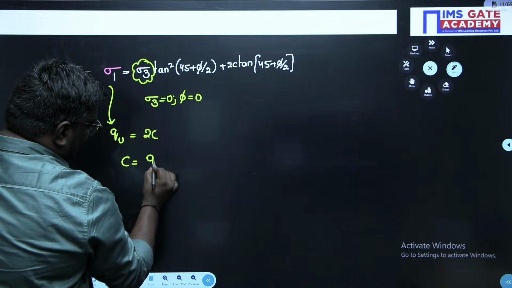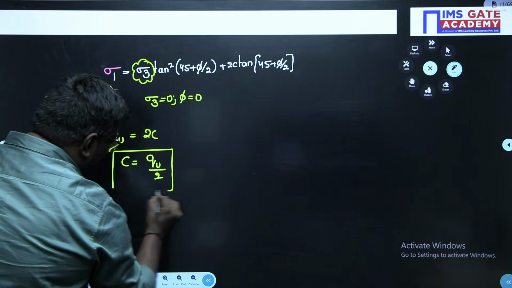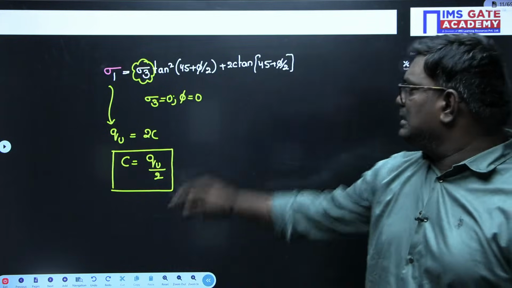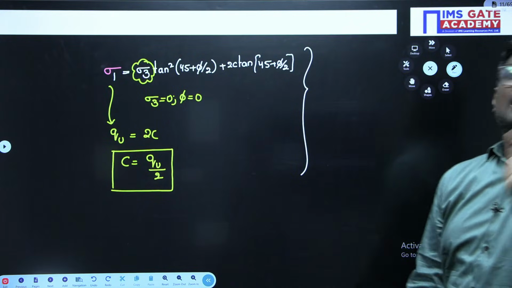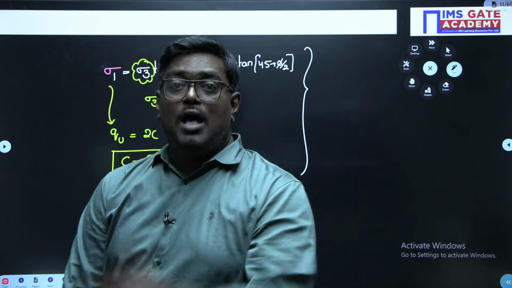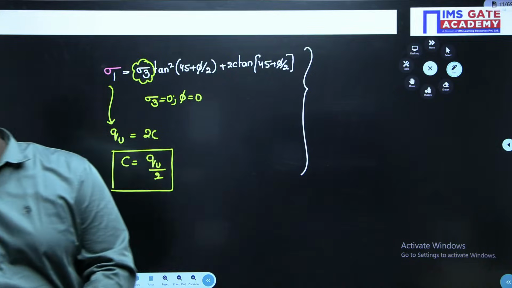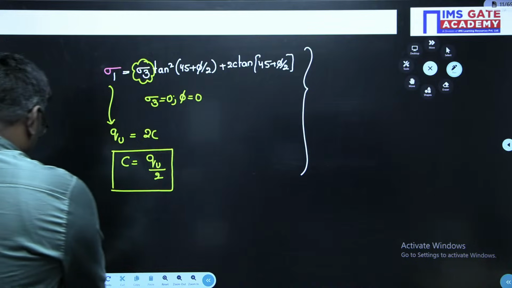So c can be taken as half of the unconfined compressive strength. The important key takeaway is, whenever the unconfined compressive strength is given, cohesion should be taken as half of the value of the unconfined compressive strength. So let us see here, my dear students, what we have been given there.